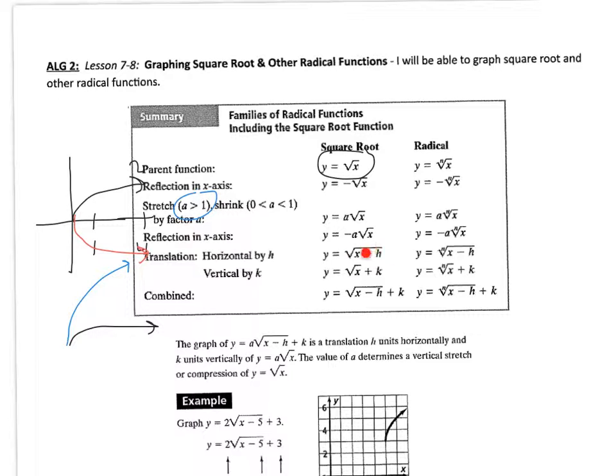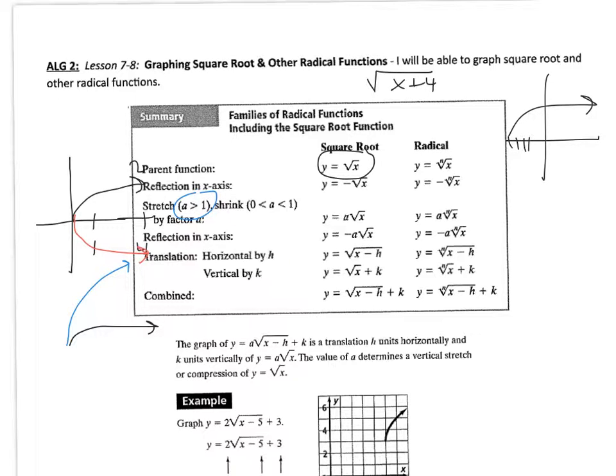So if it's inside the square root, you're going to move it left or right. So if it's positive underneath the square root, you're going to move it to the left. So if you have the square root of x plus 4, it's going to be the parent function shifted to the left 4.